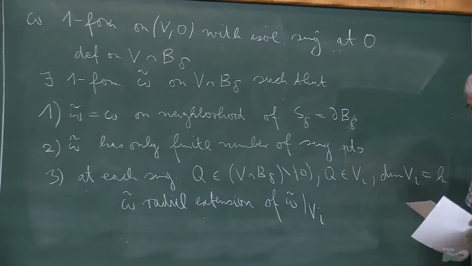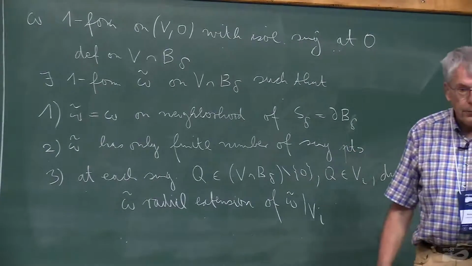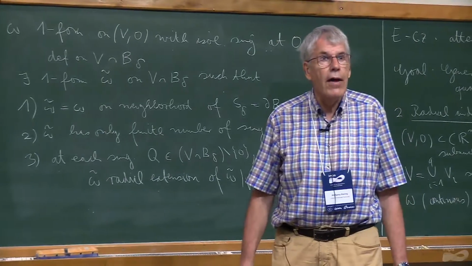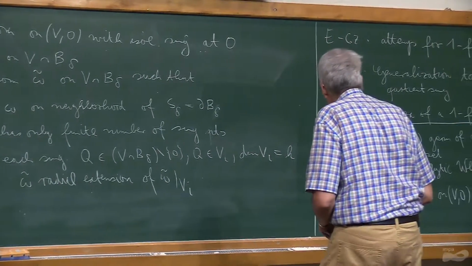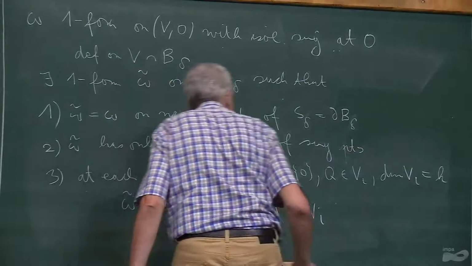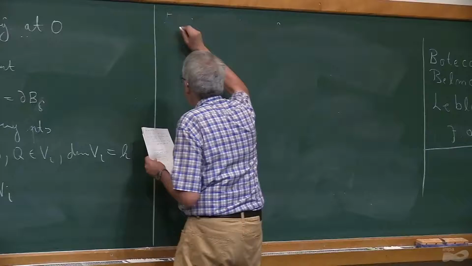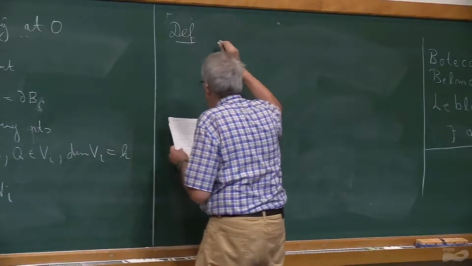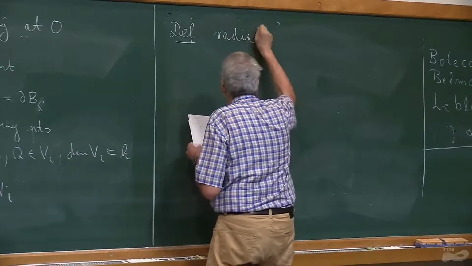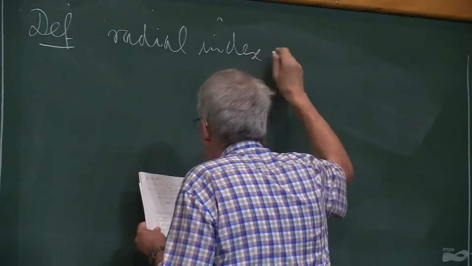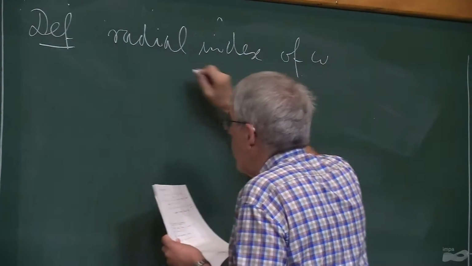And so we can use this construction now to define the radial index of a one form, namely the radial index of omega.